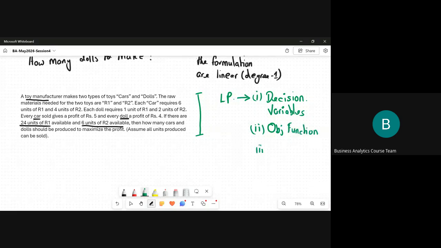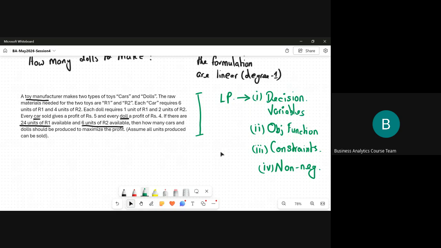The third are the constraints. And finally, the fourth one, which some people call a subset of the constraints, and some people call it alone, is the non-negativity. So any linear program will have these four aspects.